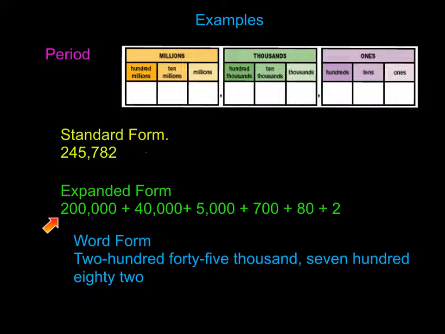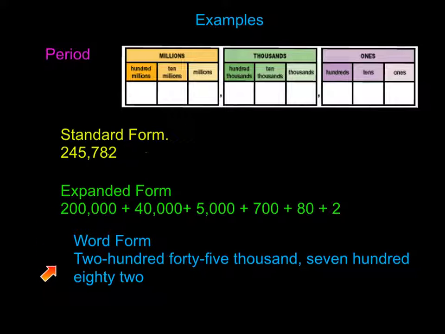So we have 200,000 plus 40,000 plus 5,000 plus 700 plus 80 plus 2. And that gives us the standard form of 245,782, and that's just it written as expanded form.